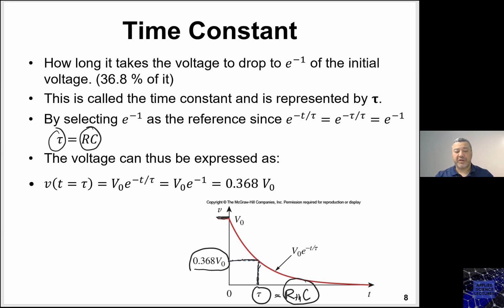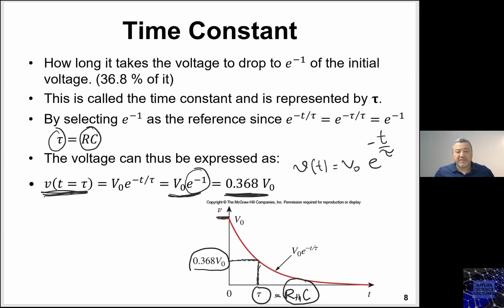So that's how we got this 36.8% of the initial value. If you take this function that we have talked about, which is V(t) equals V naught e to the minus t over tau, as you can see here, and calculate the value of the voltage when t equals tau, substitute t with tau, you're going to end up with this reference value, which is e to the power minus 1.